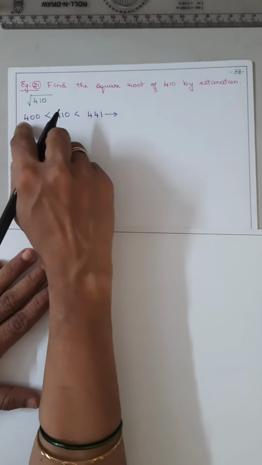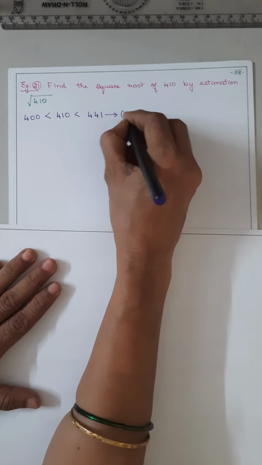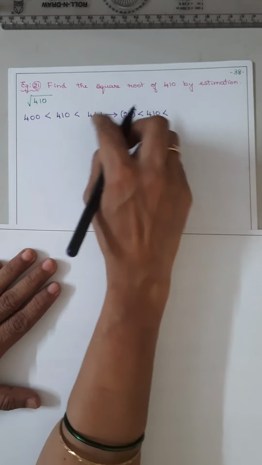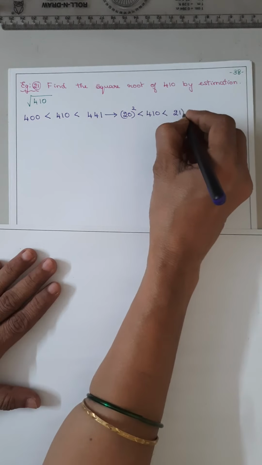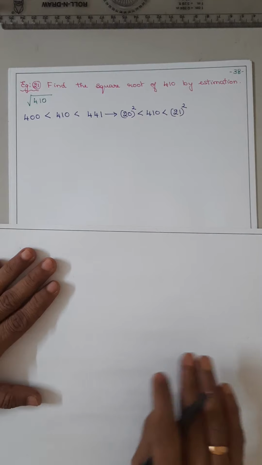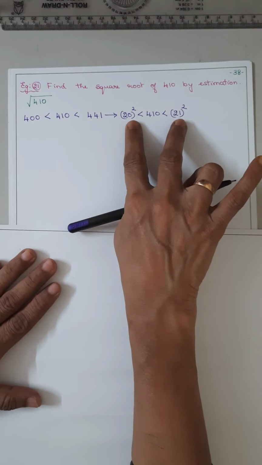That means 400 किसका स्क्वायर है? 20 and 441, 21 का. इतना तो याद है. स्टार्टिंग स्टेप ये, मतलब 20 और 21 के बीच में.